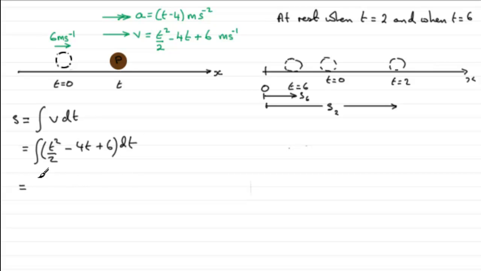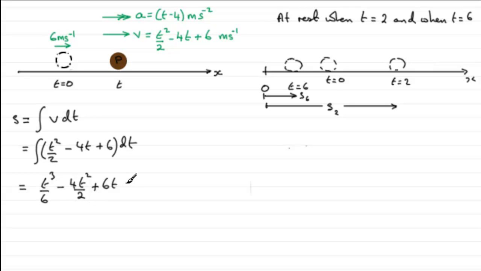Now if we integrate this in the usual way, we add 1 to the power, divide by the new power, so we get t cubed over 3, times the 2, and you get t cubed over 6. So t cubed over 6. And then for this one we've got minus 4, add 1 to the power, so you've got t squared, and divide by it. And then for the last term, plus 6, constant, just put a t on the end.